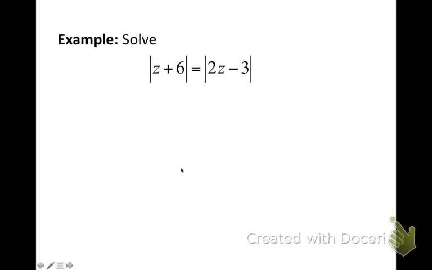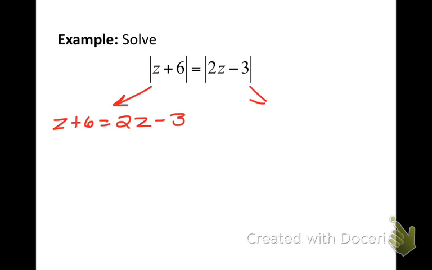The absolute value of z plus 6 equals the absolute value of 2z minus 3. So again, the first equation is always the easiest. You just knock out those absolute value signs. So the positive equation would just be z plus 6 equals 2z minus 3.